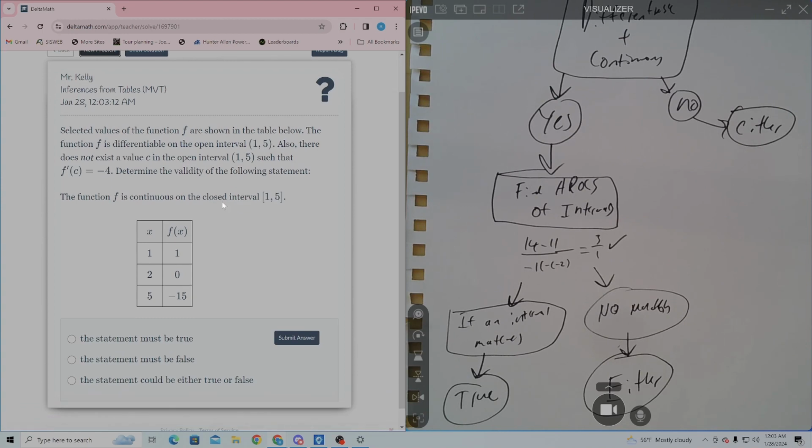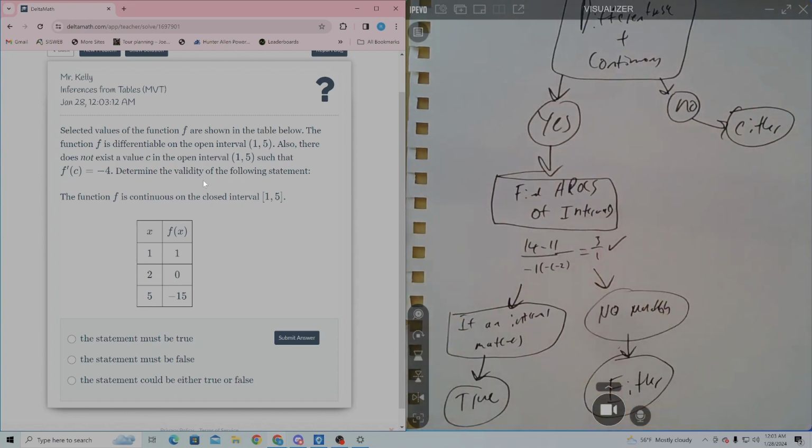Yeah. So this one, I think this is one of the weird ones that I was seeing. Selected values are shown below. Okay, differentiable. Also, there does not exist a value c in the interval 1, 5 such that the derivative of c is -4. Okay, determine validity. So this one does not follow this chart.